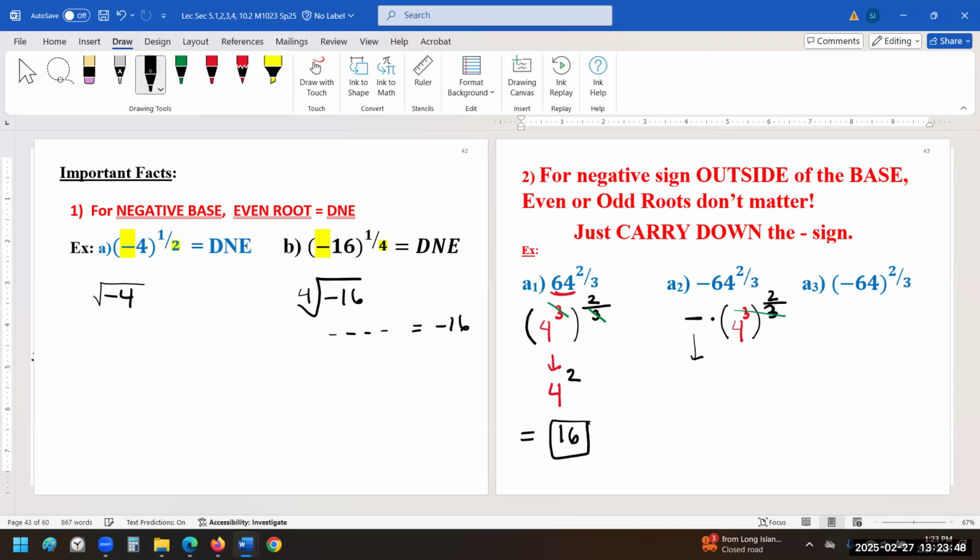We still have our extra negative, the 4 from the inside, and the 2 from the outside. What is our answer, positive or negative? Why positive? What is your base? Negative 4 squared or only 4 squared? Negative.